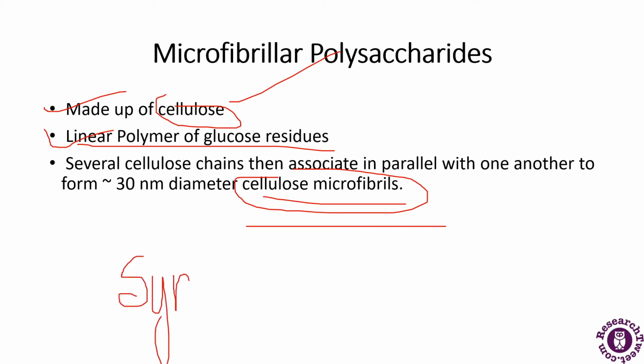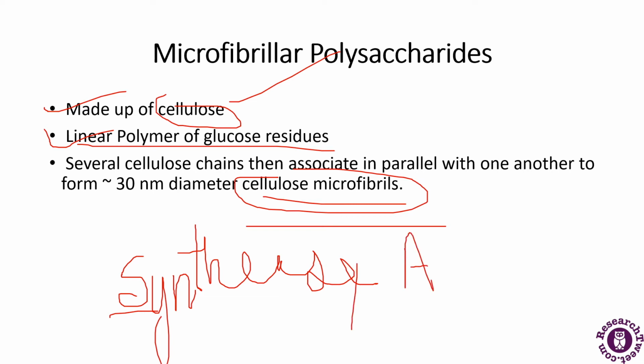In plants, it is encoded by a gene family named cellulose synthase A. In expanding cells, the newly synthesized cellulose microfibrils are deposited parallel to the cortical microtubules underlying the plasma membrane. This is what the microfibrillar polysaccharide does in plant cell walls.